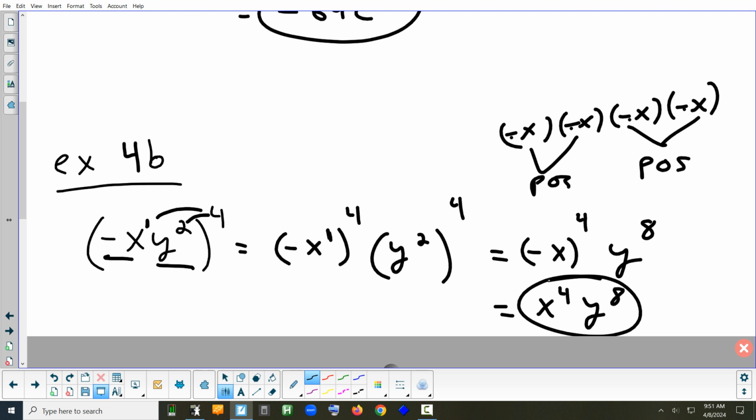So Mr. Hager, if they left the negative sign on the x, would that be considered wrong? So it's negative x to the fourth? Yeah, it wouldn't be fully simplified. Okay. So anytime that you have a negative and this number is even, the negative is going to disappear.